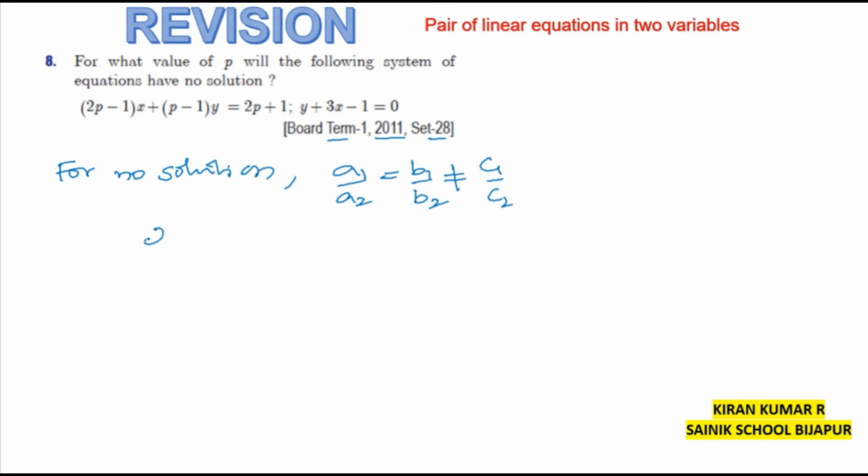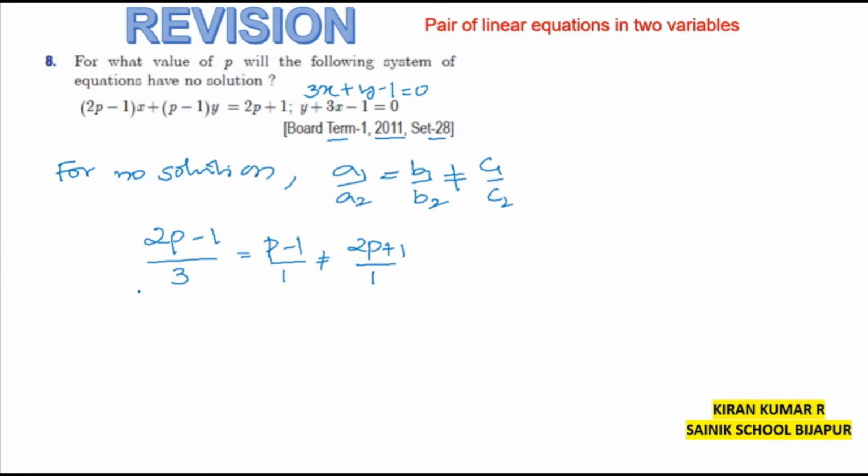Now let me substitute 2p minus 1 divided by 3, because the second equation you have to rewrite as 3x plus y minus 1 equal to 0, equal to p minus 1 divided by 1, which is not equal to 2p plus 1 divided by 1, because this equation you can transpose this one to the other side so that the same format is made. So it becomes 2p plus 1 divided by 1.